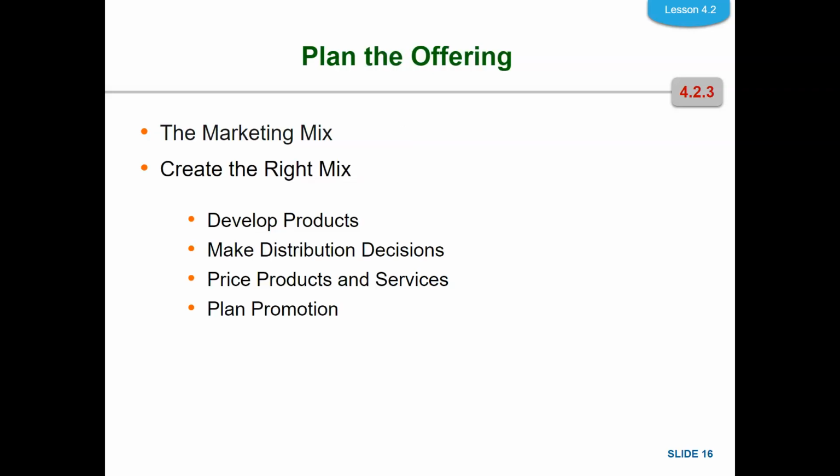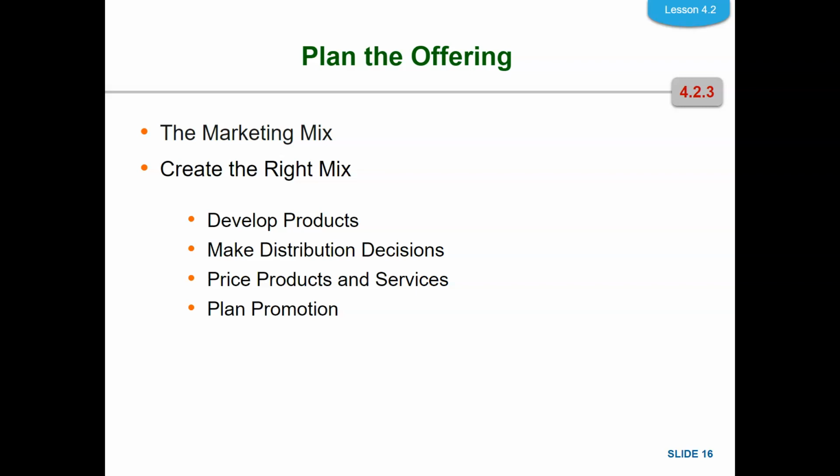Planning the offering. So you have the marketing mix and creating the right mix. Under those subsections, we're talking about pages 100, 101, 102, all the way into 103, I believe, a little bit.